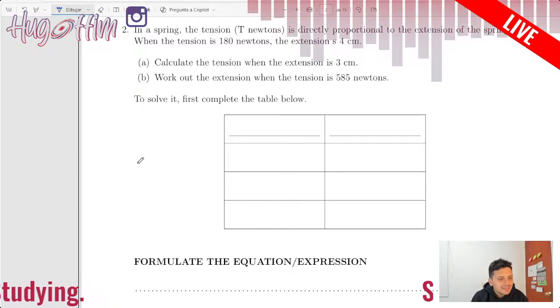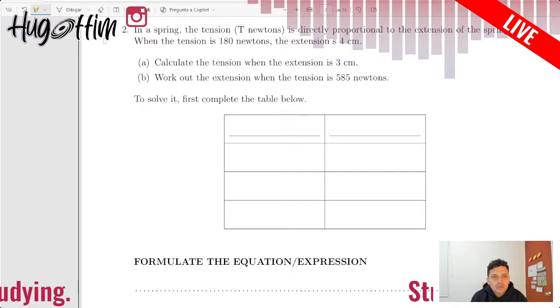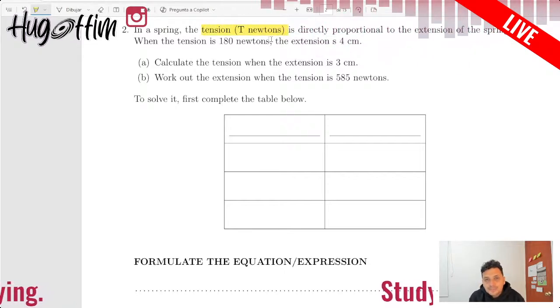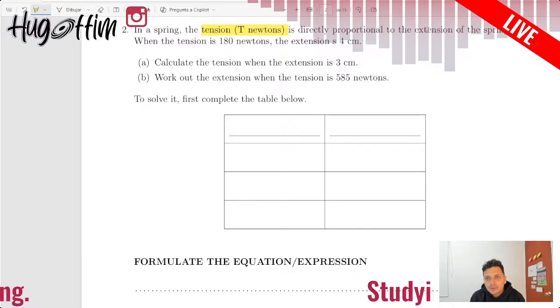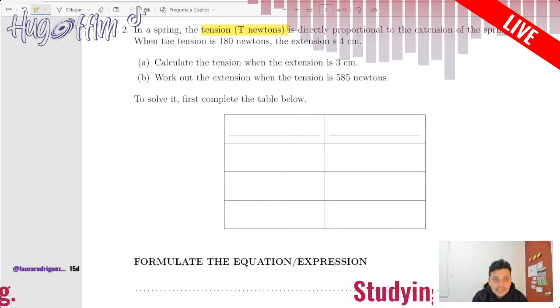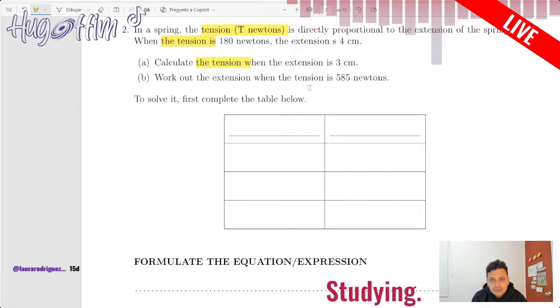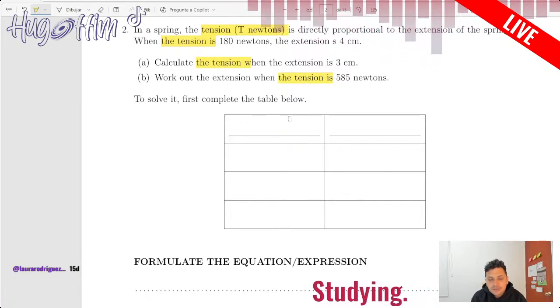Complete the table means identify the magnitudes. The first magnitude is the tension, because it says that the tension is directly proportional to the extension of the spring, and it says when the tension is, you see?